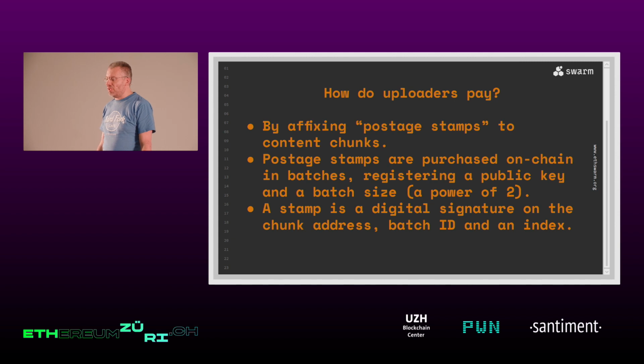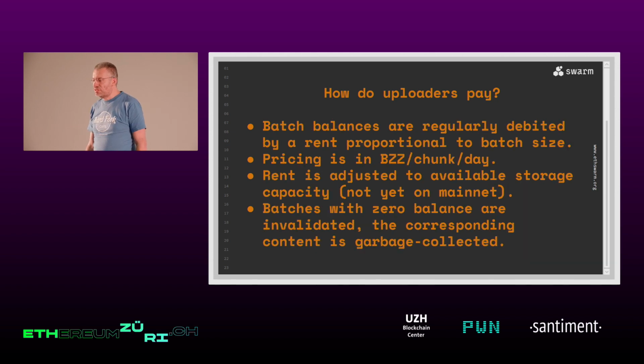And once that public key is registered, you can attach a little bit of metadata to each of these chunks and seal it with a digital signature that can be verified with this public key. And this way, each uploaded chunk is marked in a reliable way that it has been paid for. So once the network receives a chunk, it knows whether this chunk has been paid for or not.